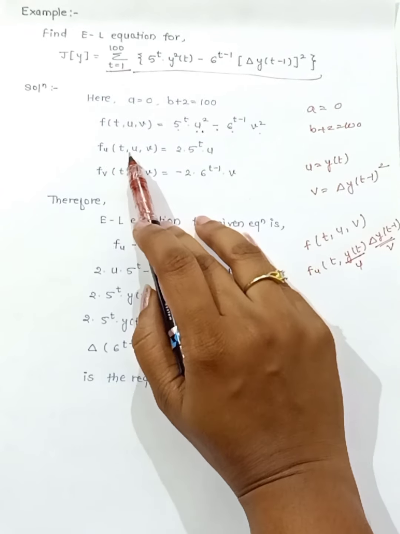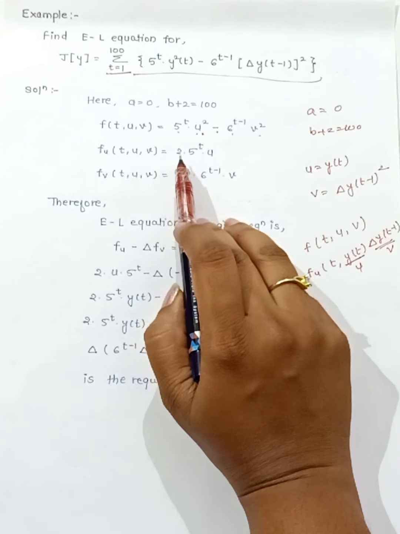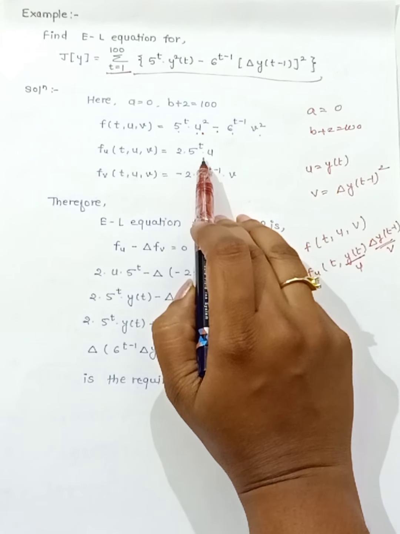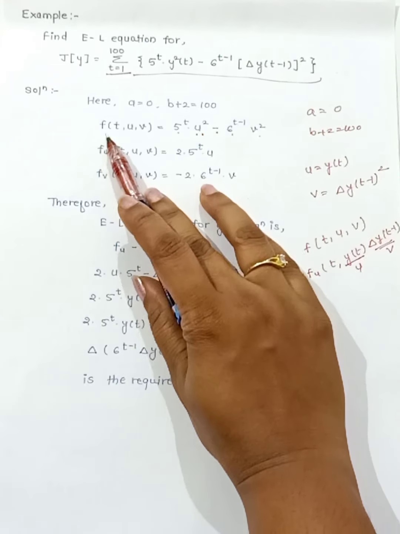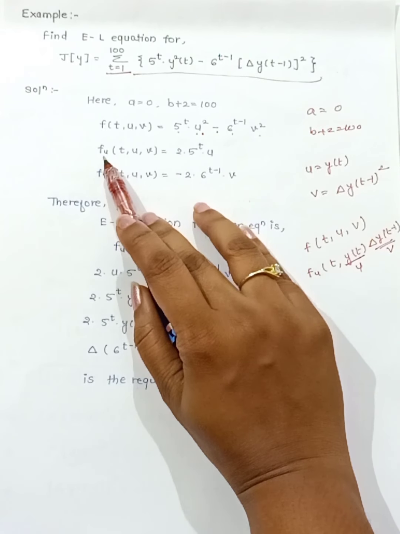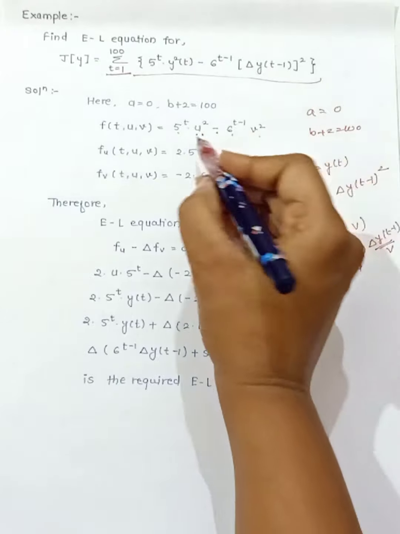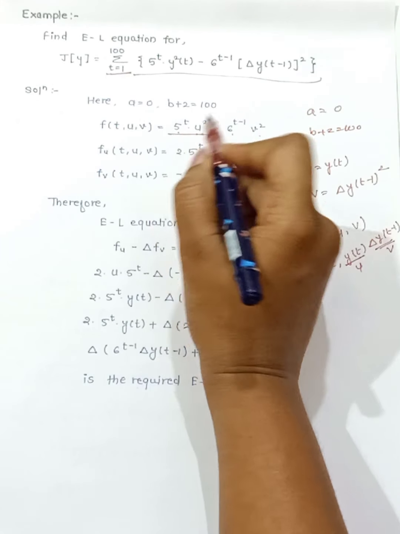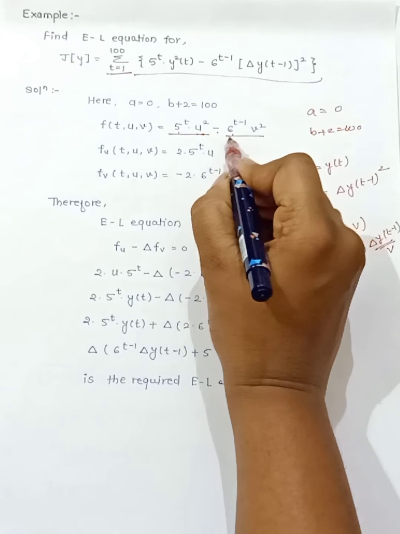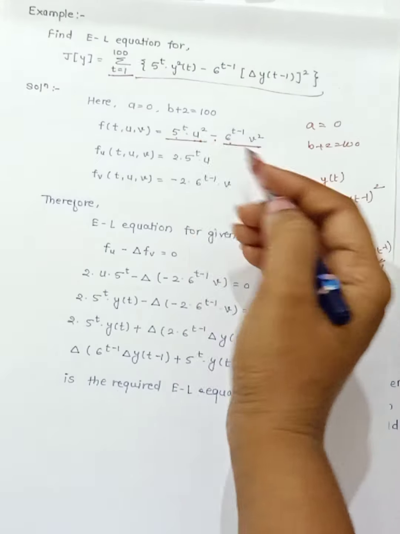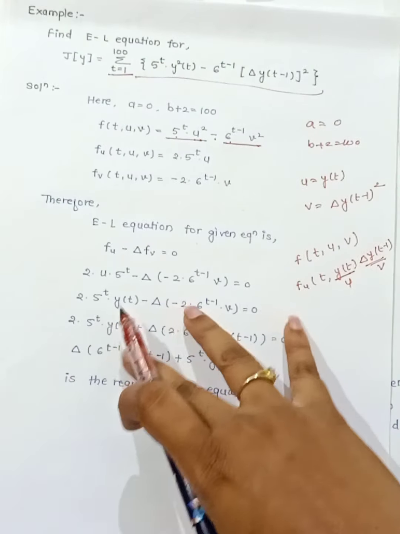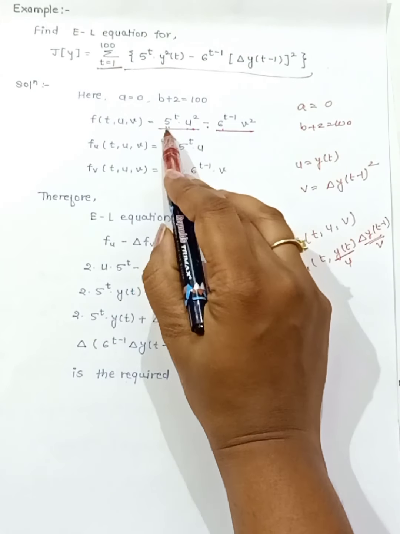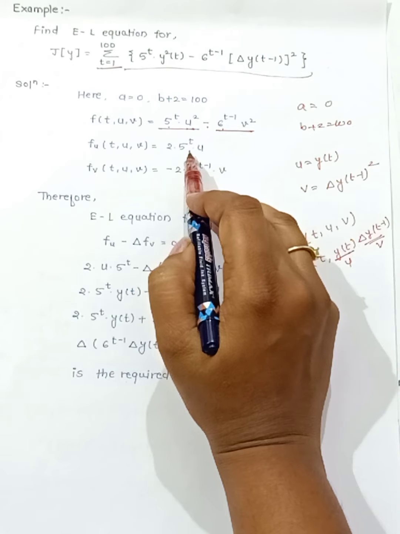So f_u(t, u, v) is equal to 2 into 5^t into u, and this is because we have differentiated this with respect to u. This term has u, so we could differentiate here, and this term will be 0 here. So the 2 comes down, and 2 into u and 5^t as it is.